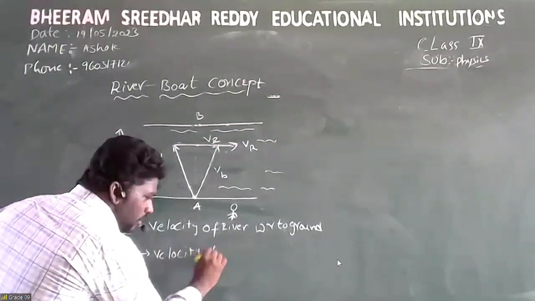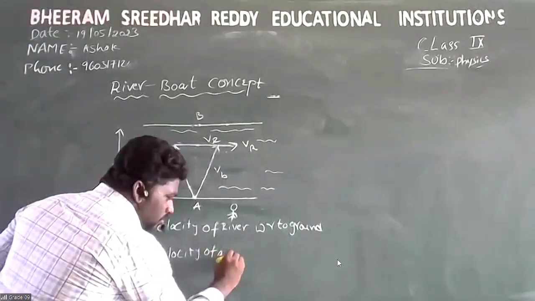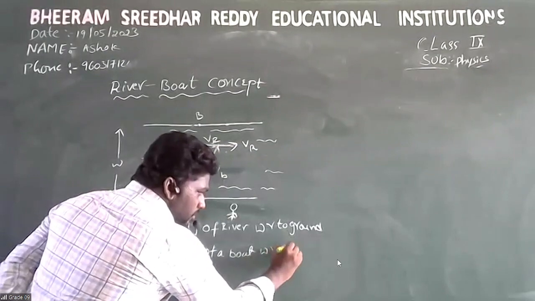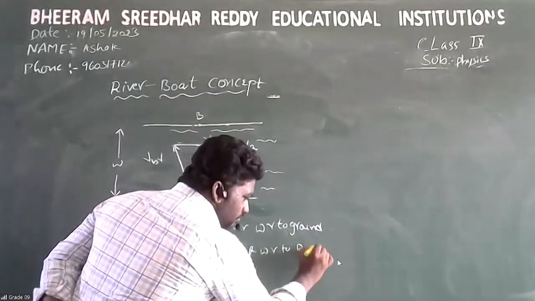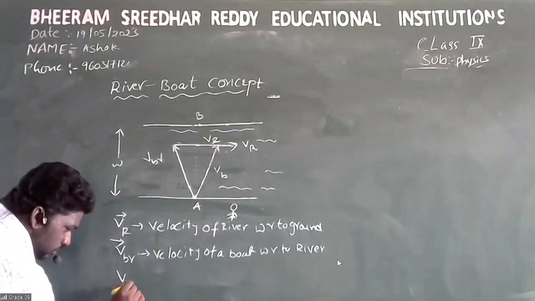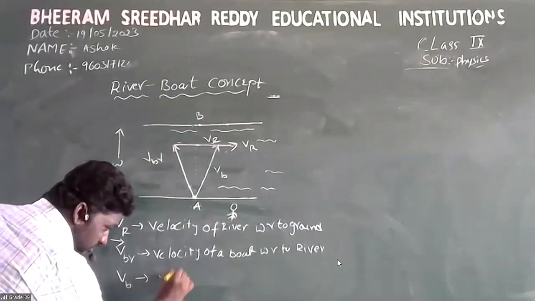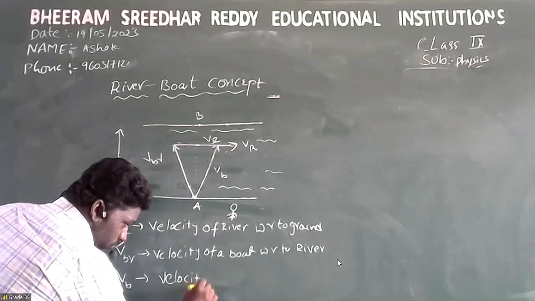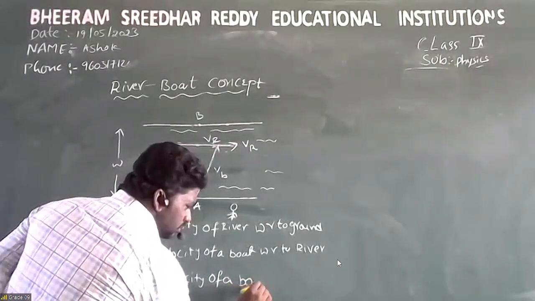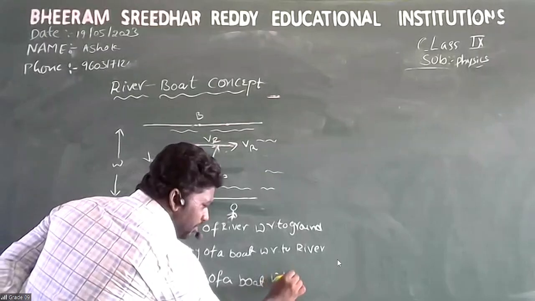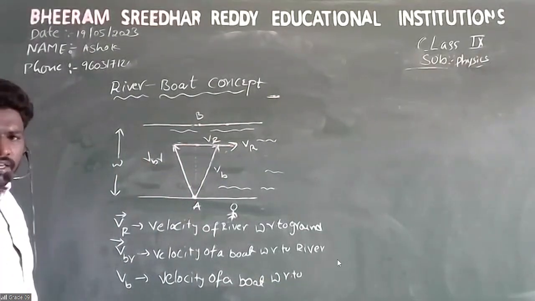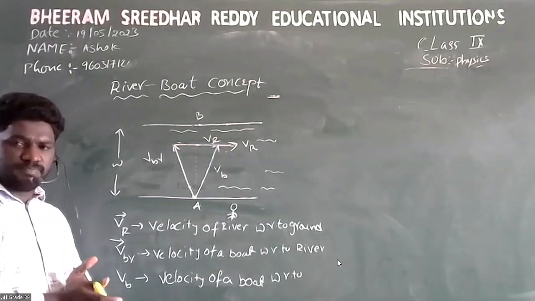Velocity of a boat with respect to river. And the final one is velocity of a boat, VB. VB means velocity of a boat with respect to, can anyone say the answer?